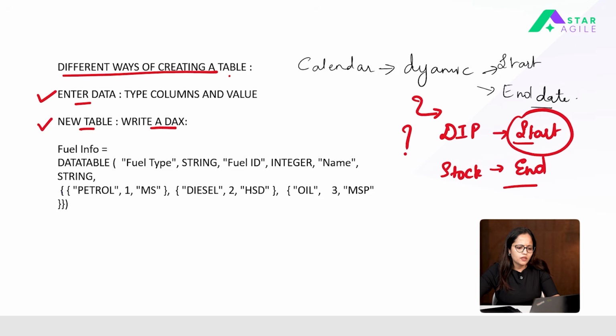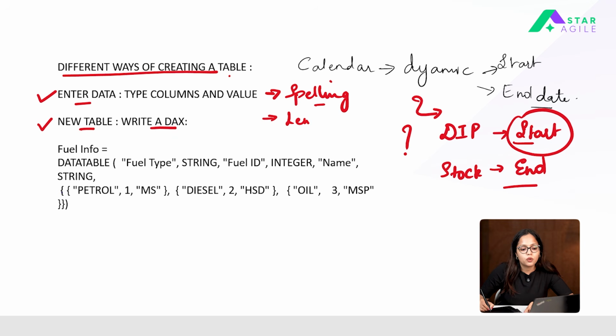So one of the major drawbacks of the enter data option is that you may end up making spelling mistakes, or when it comes to lengthy tables, you feel that it's unnecessarily time consuming to type each and every piece of information, right? So in cases like that, we go for writing a DAX expression.